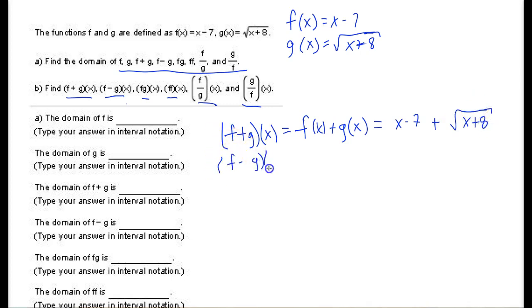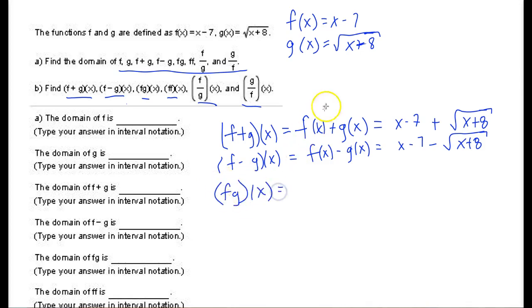If we do the difference, only thing that's going to be different here is that here we'll have a subtraction sign instead of an addition sign. If we do the product of f and g, then we're just multiplying these two functions together here. And we'll keep things simple and just literally leave it like that.